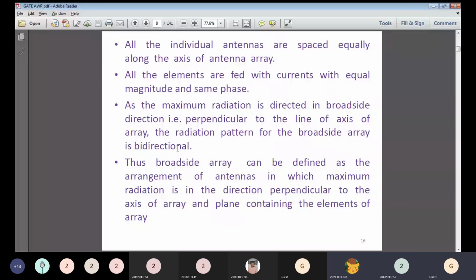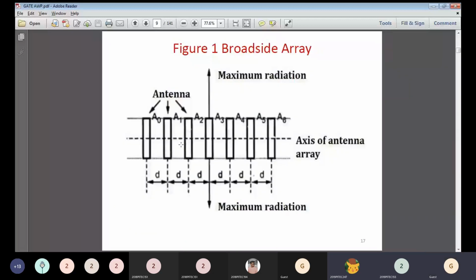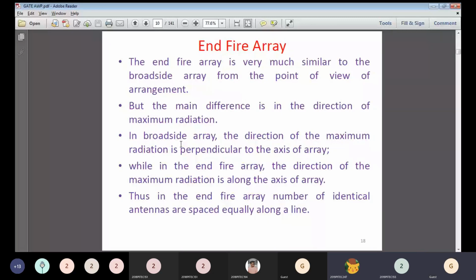Now we go to the point of end fire. In end fire, a number of identical elements are fed with current of equal magnitude, but their phase varies progressively along the line in such a way as to make the entire arrangement unidirectional. This is going to be called end fire array.